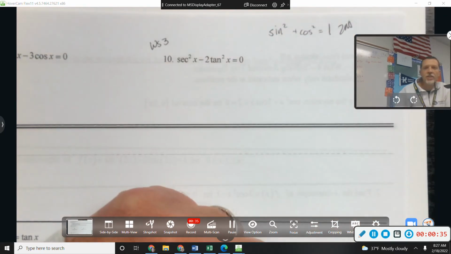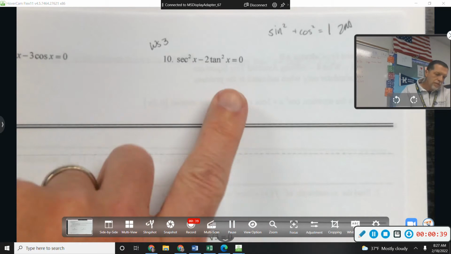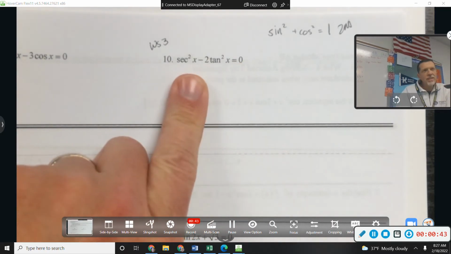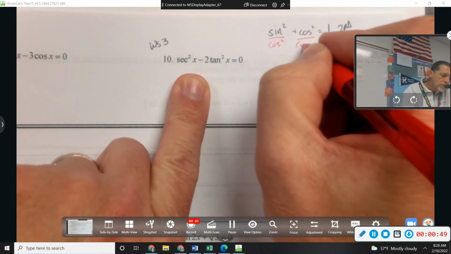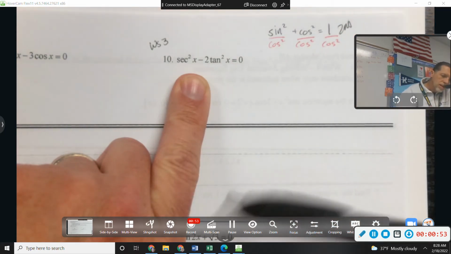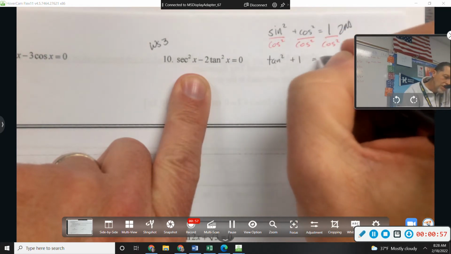I know that sine squared plus cosine squared is 1. If I want tangent and secant to show up, what should I divide by to get the one that I want? Yeah, let's divide by cosine. So that means that tangent squared plus 1 equals secant squared.